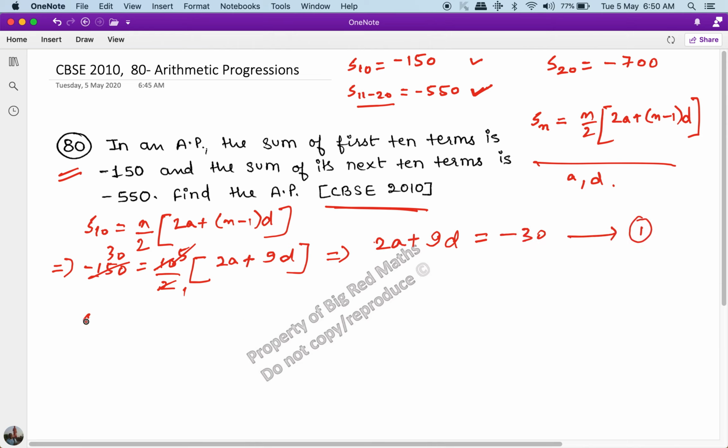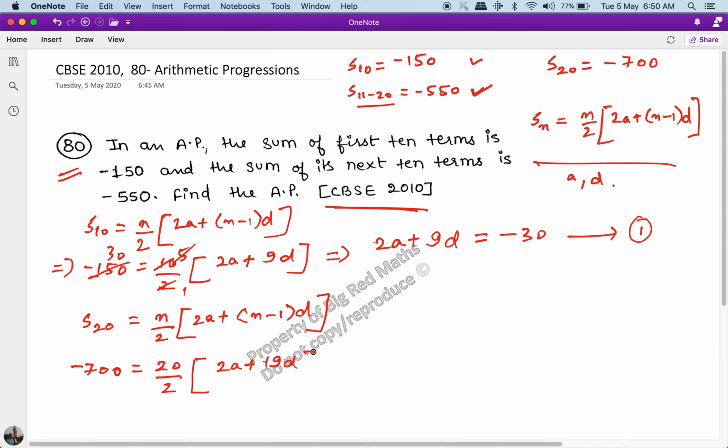My equation 2 is S of 20 is equal to n by 2 into 2a plus n minus 1 into d. Now S of 20 we found is minus 700, remember minus 150 and minus 550. So minus 700 is equal to n by 2, which is 20 by 2, into 2a plus 20 minus 1, that is 19 of d.